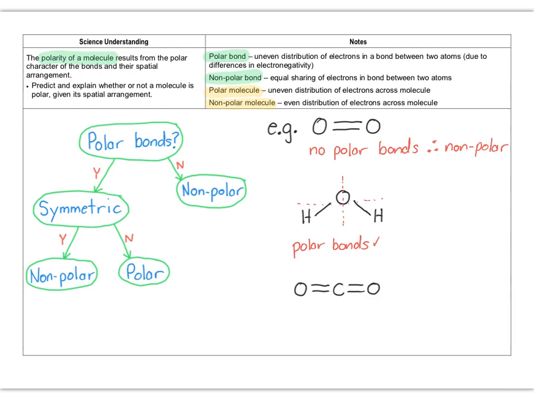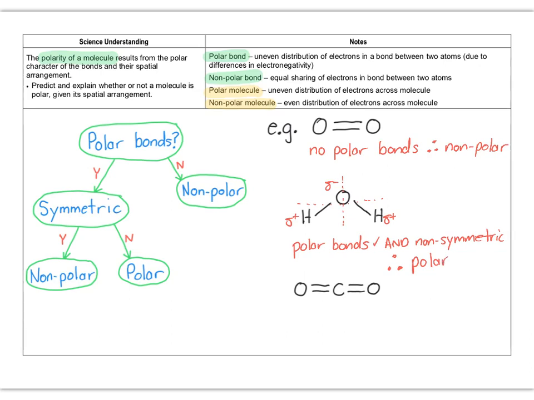There's an oxygen at the top and there's a hydrogen at the bottom. The oxygen, because of our polar bond, has got the slight negative charge. The hydrogens have got the slight positive charge. So you can see that this end of the molecule is going to have a negative charge. This end is going to have a positive charge. So there's polar bonds and non-symmetric. Therefore, it is a polar molecule.